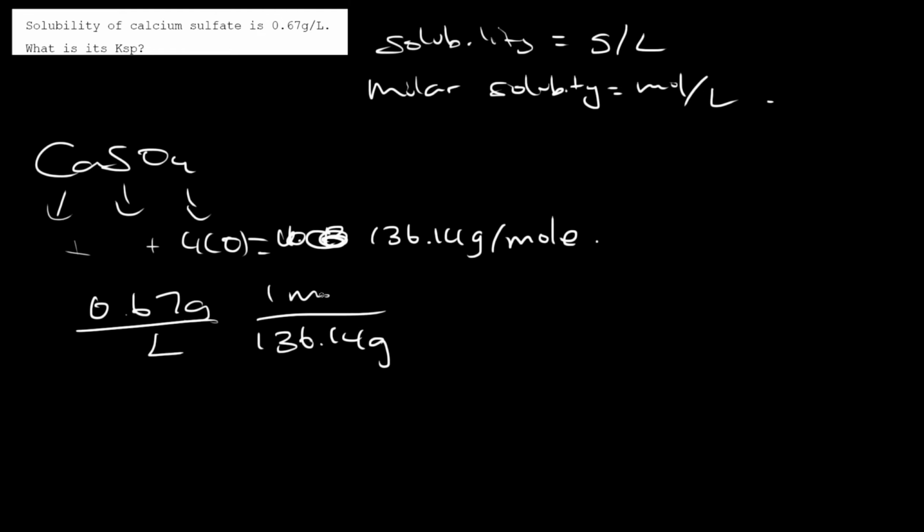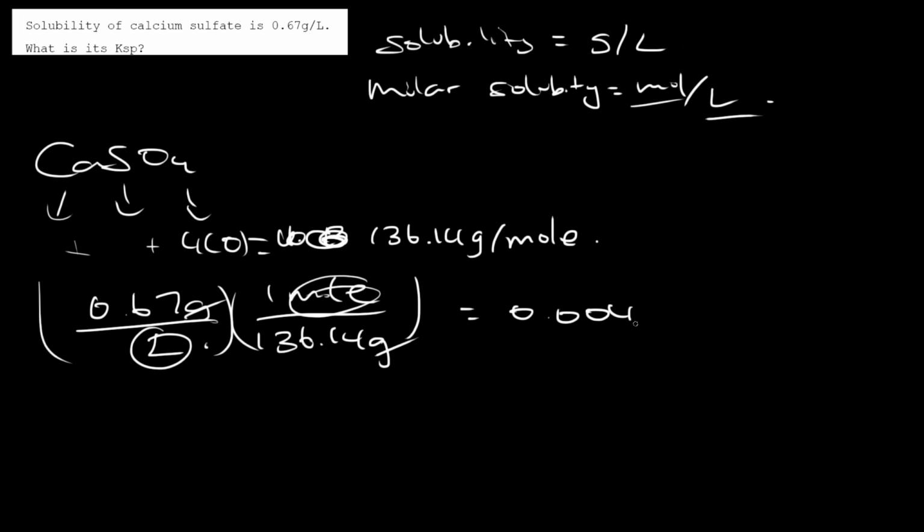This way the grams cancel out and you're left with moles over liters, which is exactly what you want. Enter this in the calculator: 0.67 divided by 136.14, and you'll get a value of 0.0049 moles per liter.